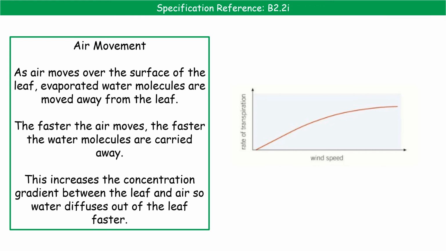For diffusion, the steeper the gradient, the faster the rate. So if we've got more air movement, so faster wind speeds, that's going to carry the evaporated water away from the leaf and therefore maintain that steeper concentration gradient. So faster wind speeds lead to a faster rate of transpiration for that reason.